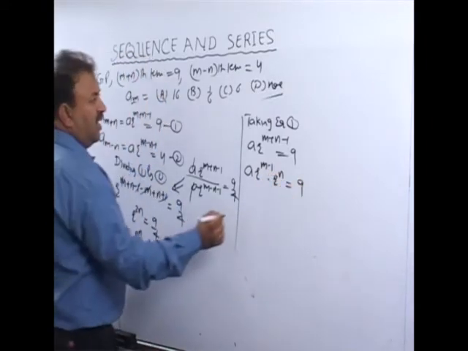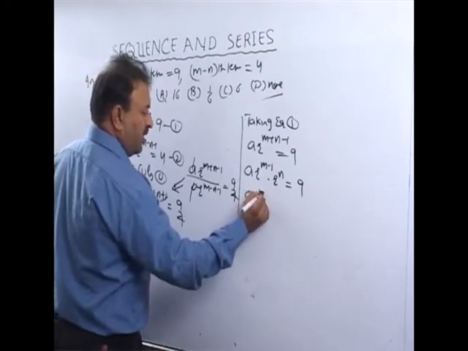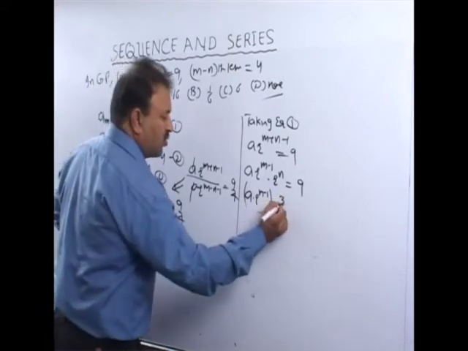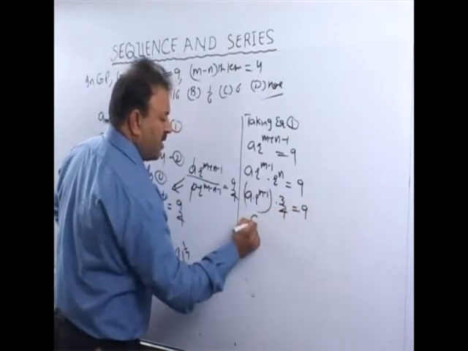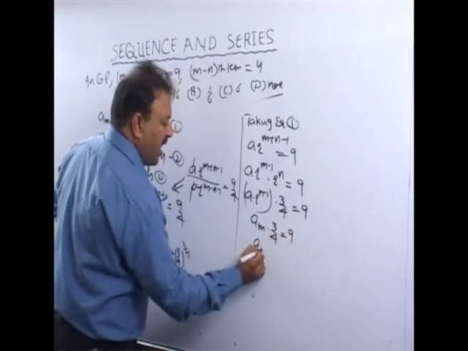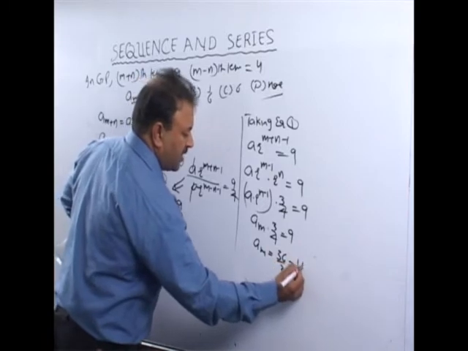Here what will come? It comes out to be ar to the power m minus 1. This is our mth term. What is the value of r to the power n? 3 by 4. The mth term times 3 by 4 is equal to 9. The mth term is 36 by 3. What does it come out to?